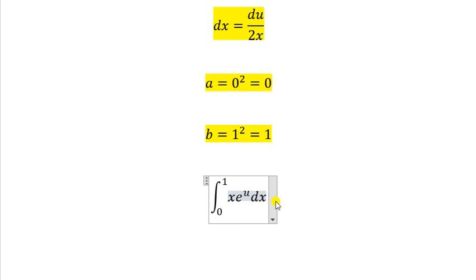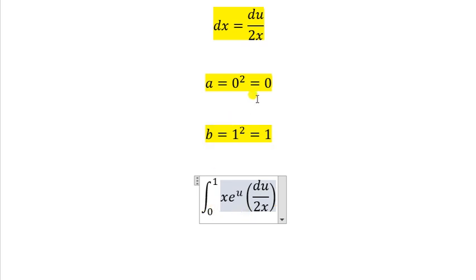So this dx we have here can be changed for du divided by 2x. And you'll see why this works later. This 0 should be changed for a 0. Since they are the same, it just remains the same. And this 1 should be changed for this one we have here. So it remains the same as well.